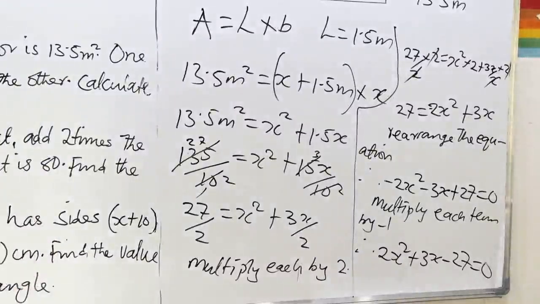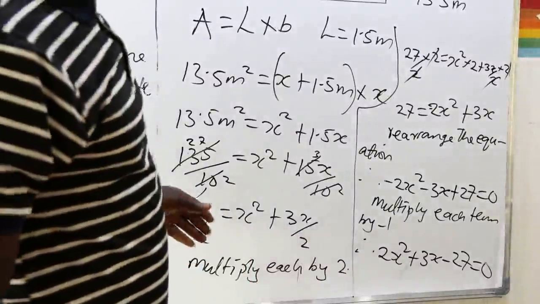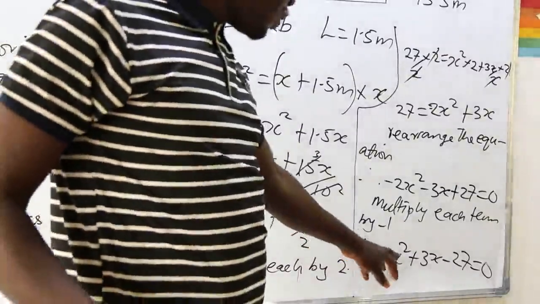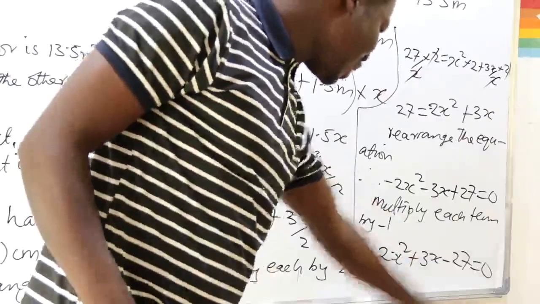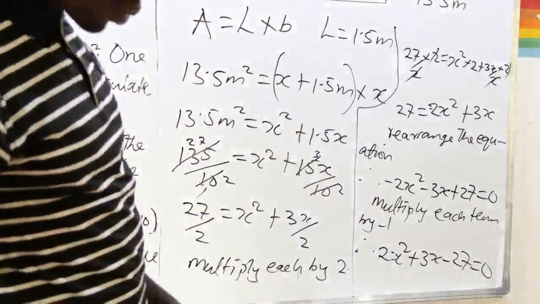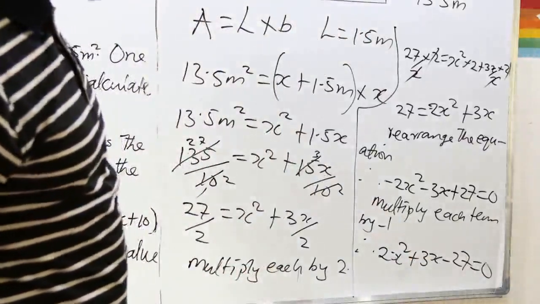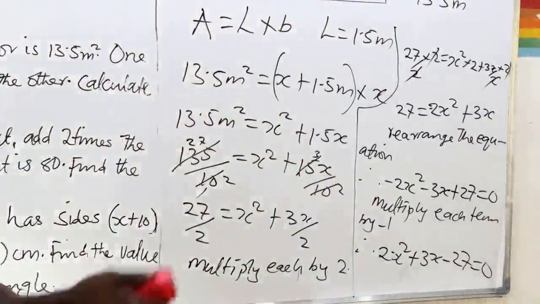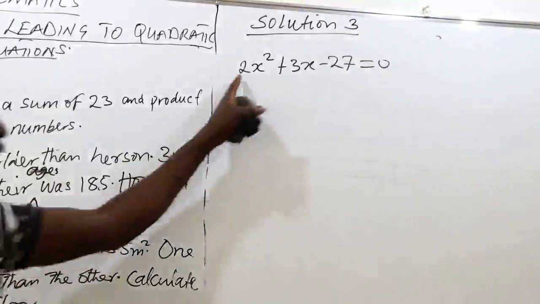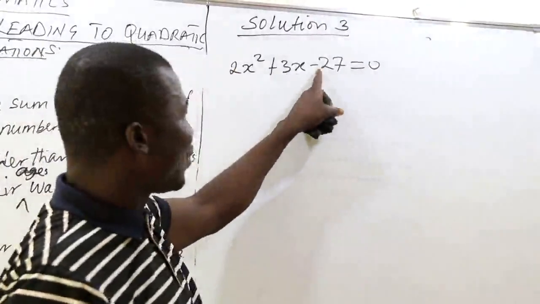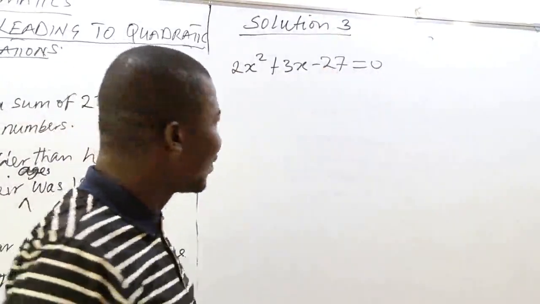So we can solve it. 2x squared plus 3x minus 27 equals 0.